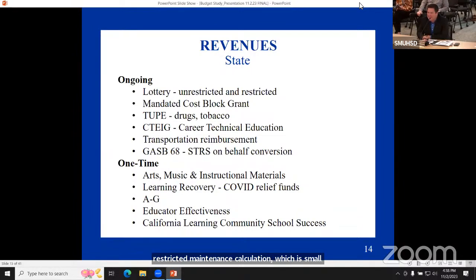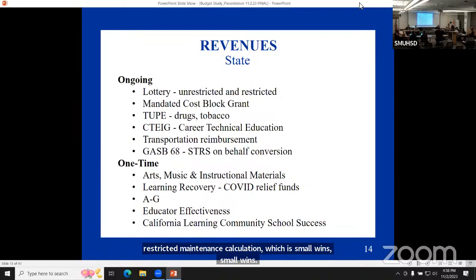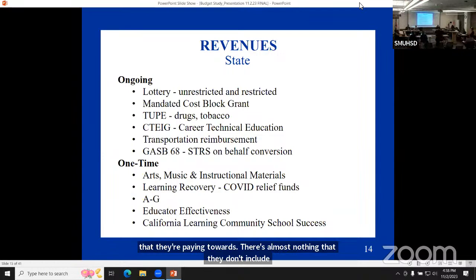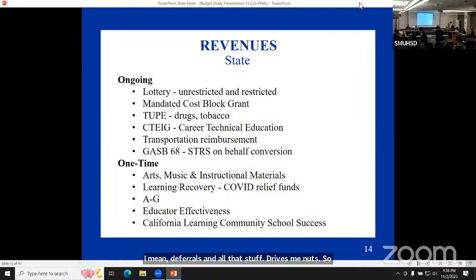Does it also count in the figure for Prop 98, the percentage of the state budget? You know what? That's a good question. I would assume that it would be considered a portion that they're paying towards. There's almost nothing that they don't include. I just think the creative financing and, you know, it goes back so many years. I mean, deferrals and all that stuff drives me nuts. So I just think it's ridiculous and we need to hold them accountable.